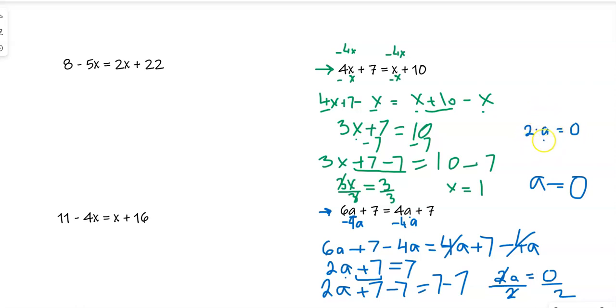So one of the factors has to be 0 in order for a product to be 0. So we can conclude here that a must be equal to 0. We can do it like that, but we can do like this. Keep solving the same way as we were solving the previous equations.